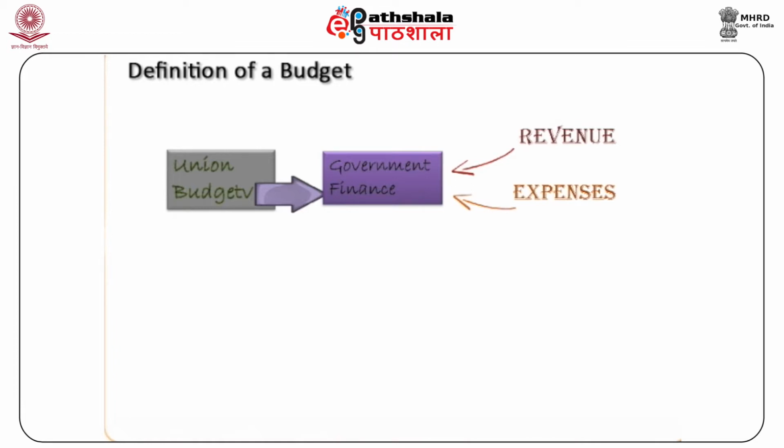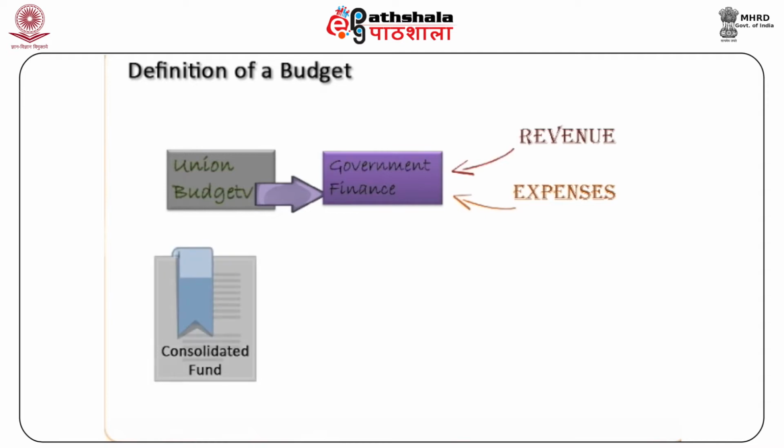It is the most extensive account of the government's finances in which revenues from all sources and expenses of all activities undertaken are aggregated. This annual financial statement shows the receipts and payments of government under the three parts in which government accounts are kept.